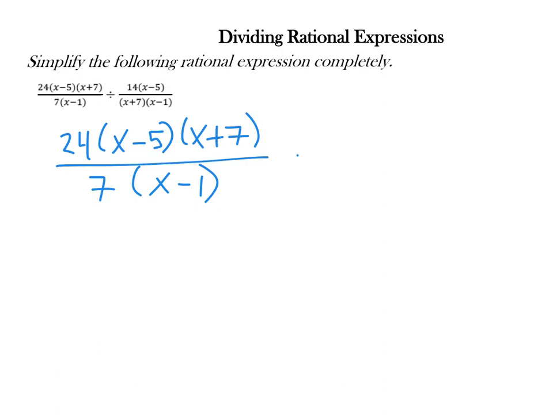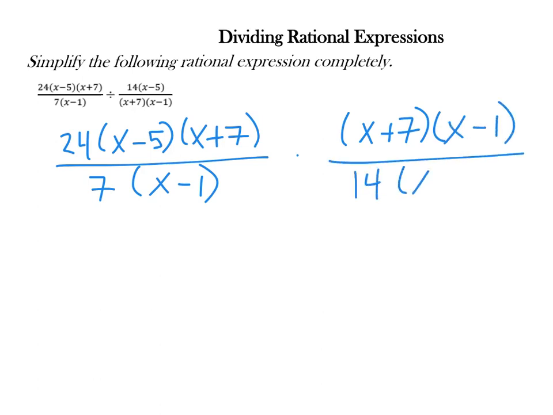So we're going to write the x plus 7 and the x minus 1 as the numerator. Notice how we keep this one, it stays the same. We change the symbol, and then we flip the last fraction.